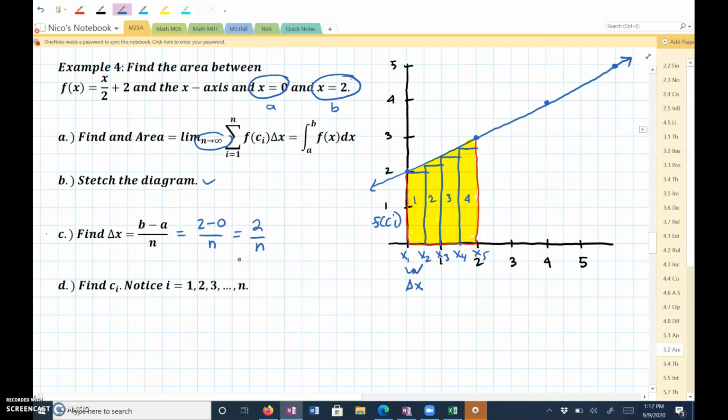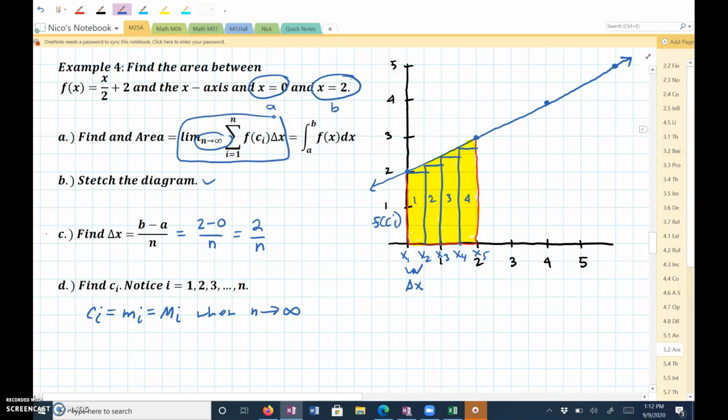And notice that c sub i is the same as lowercase m sub i, which is the same as uppercase M sub i, when n is going towards infinity, which is the case because we're going to use this guy.